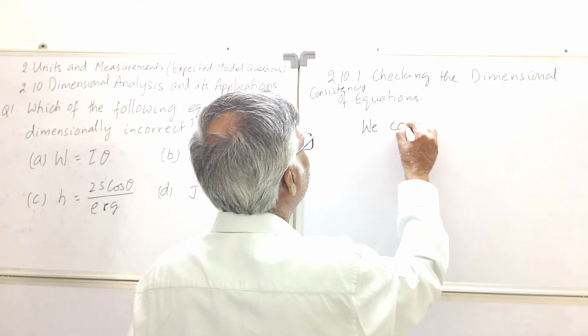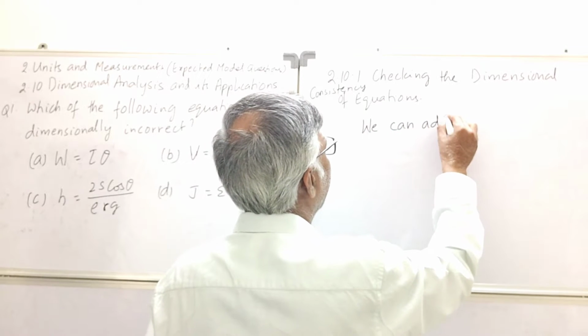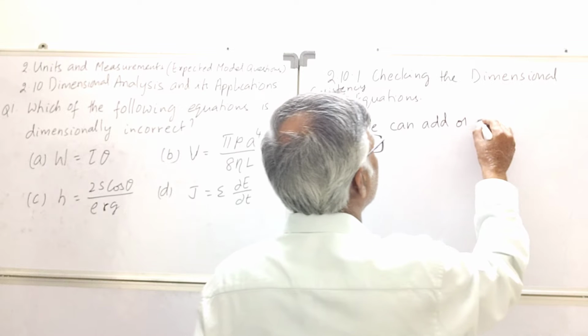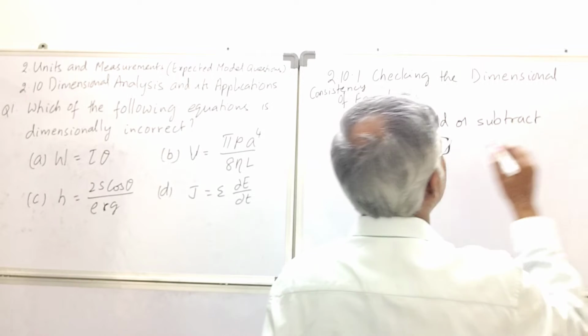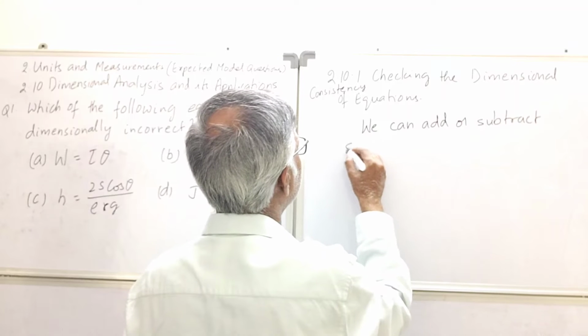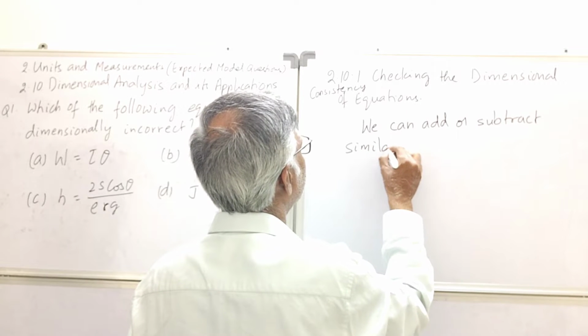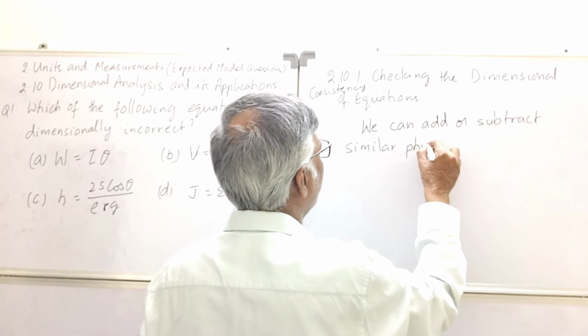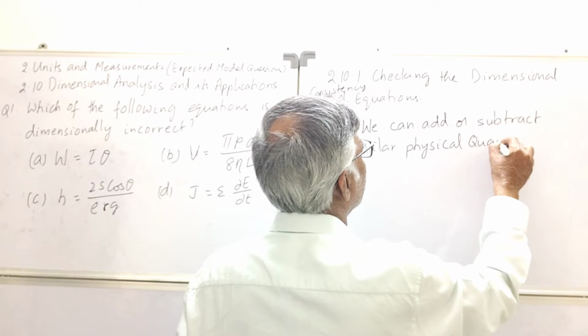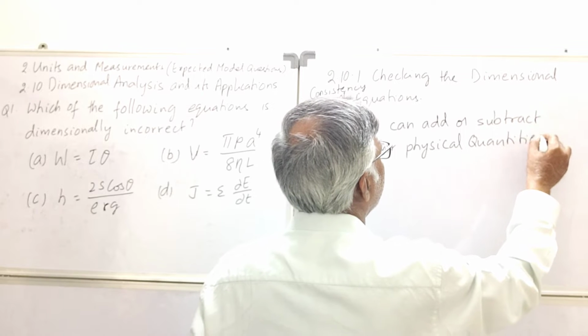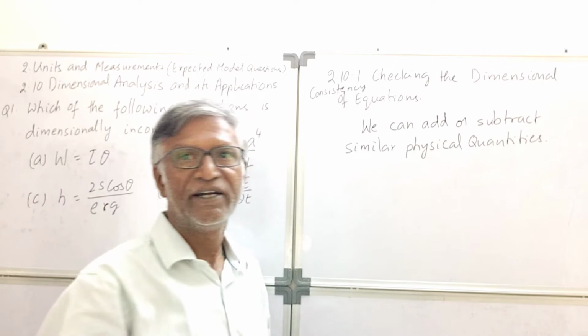We can add or subtract similar physical quantities. Different quantities we cannot add or subtract.